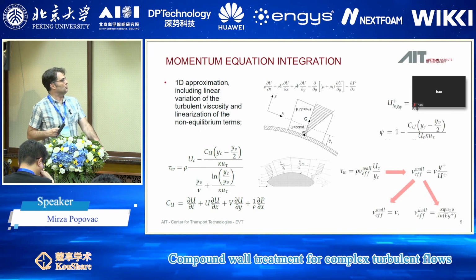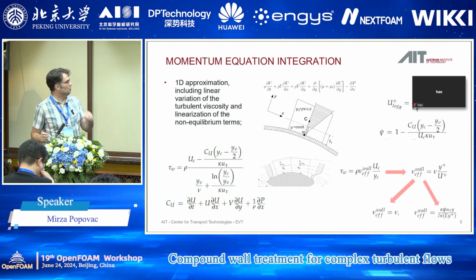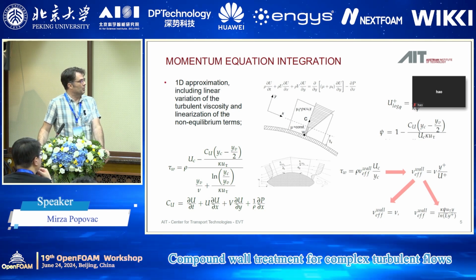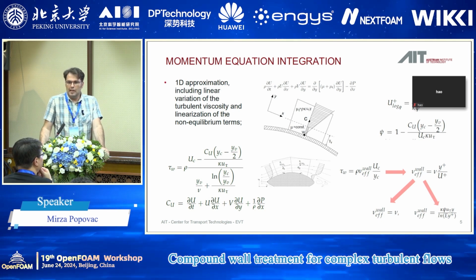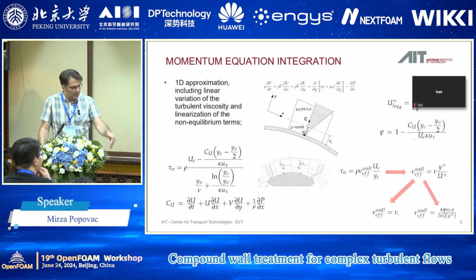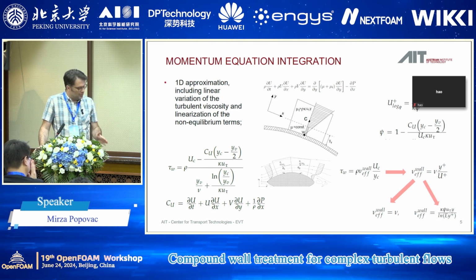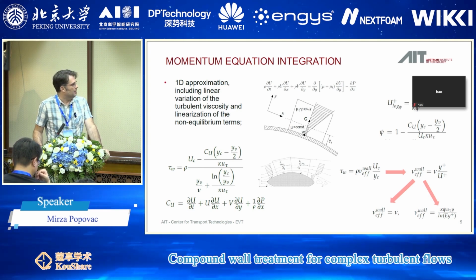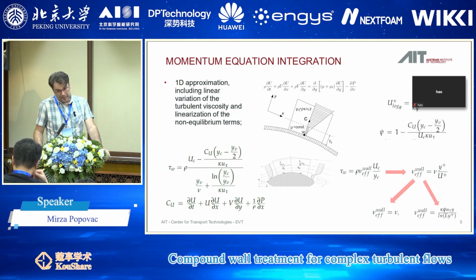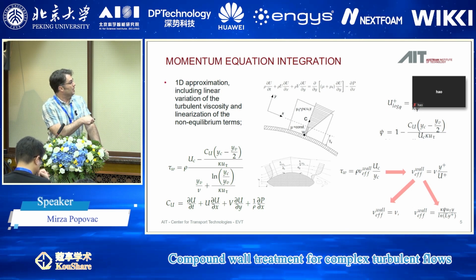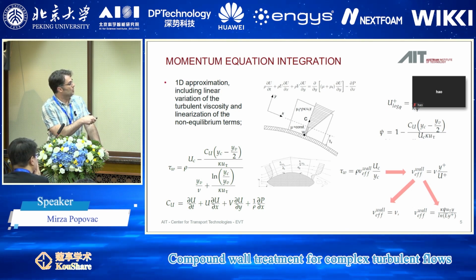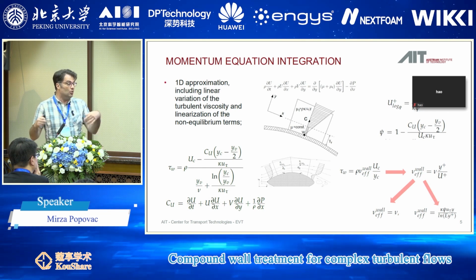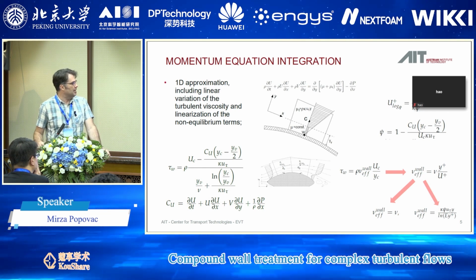But how to get to my equation for a boundary layer? I'm integrating my momentum equation, assuming that the only variation is in the wall normal direction of the streamwise velocity, and I'm linearizing this equation such that my terms related to the convection and the pressure gradient I assume to be known from the previous time step.